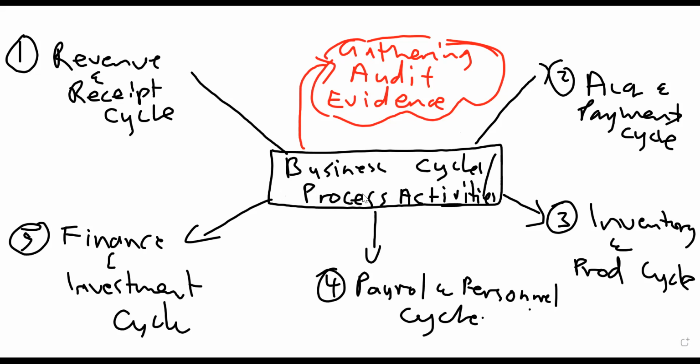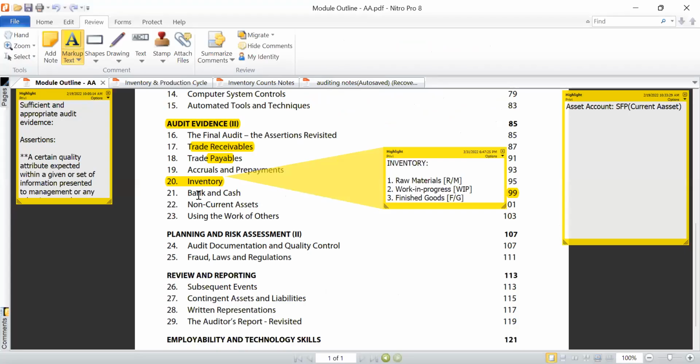But it doesn't deal with bank and cash only. In finance and investments, it also addresses the aspects to do with non-current assets. Basically, these are aspects to do with audit procedures or substantive audit procedures that they will require you to perform in the exam. Same thing with, okay, now using the work of others.